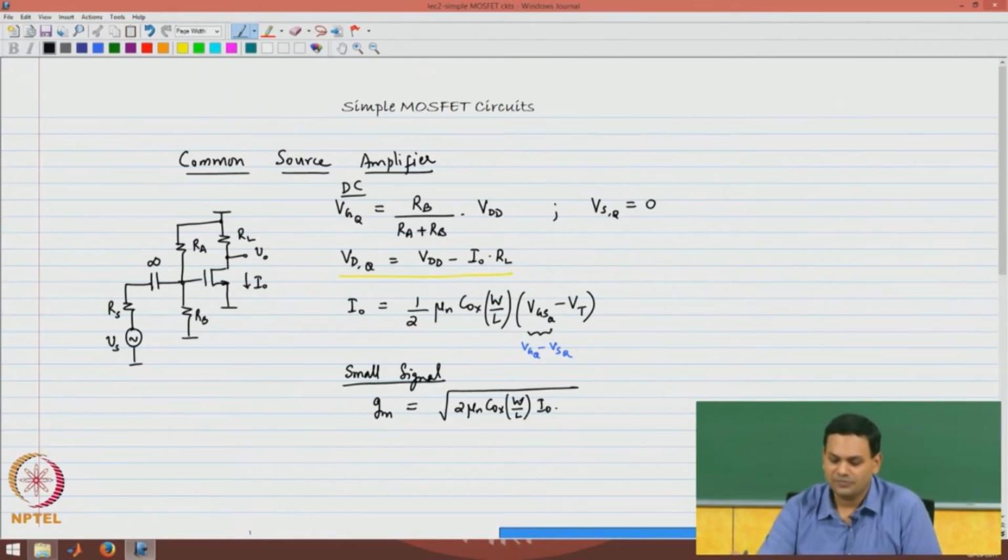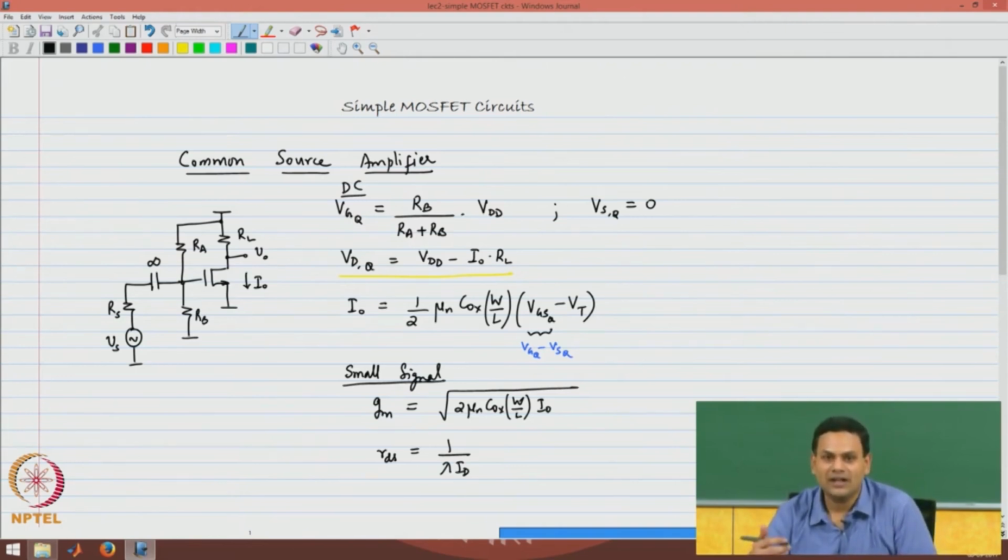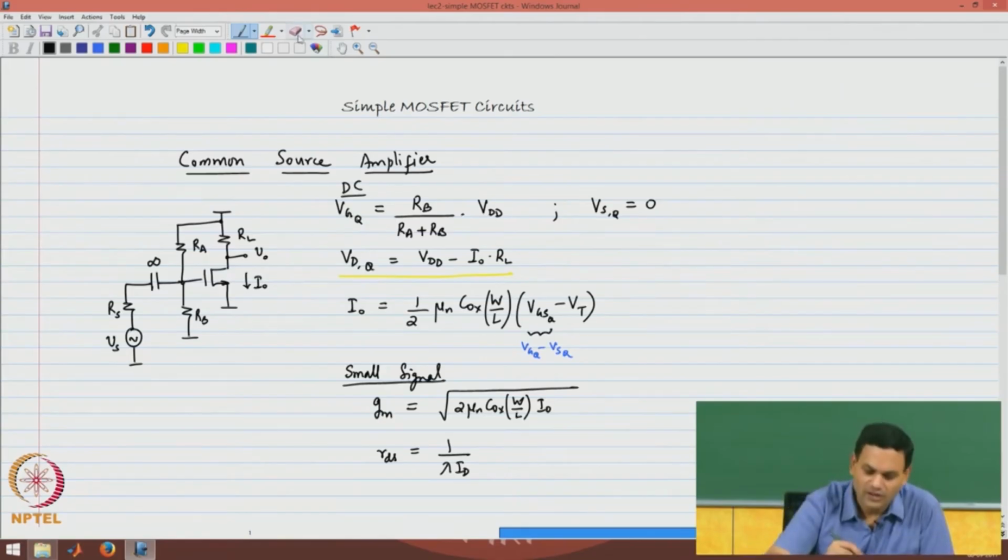This is a function of the device parameters mu n C ox W over L and the bias current I naught. And RDS is a function of lambda, and we saw last class that it is equal to 1 over lambda ID. If you know lambda and the bias current, you can find out the RDS of the transistor.